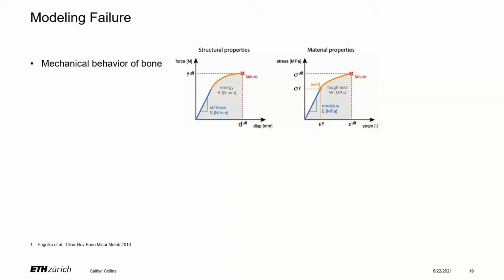Converting this to stresses and strains by, in the compressive case, normalizing by the cross-sectional area, we can see then that this behavior is carried over, but it's no longer dependent just on the structure we're looking at. And again, we have this yield region and up until failure.